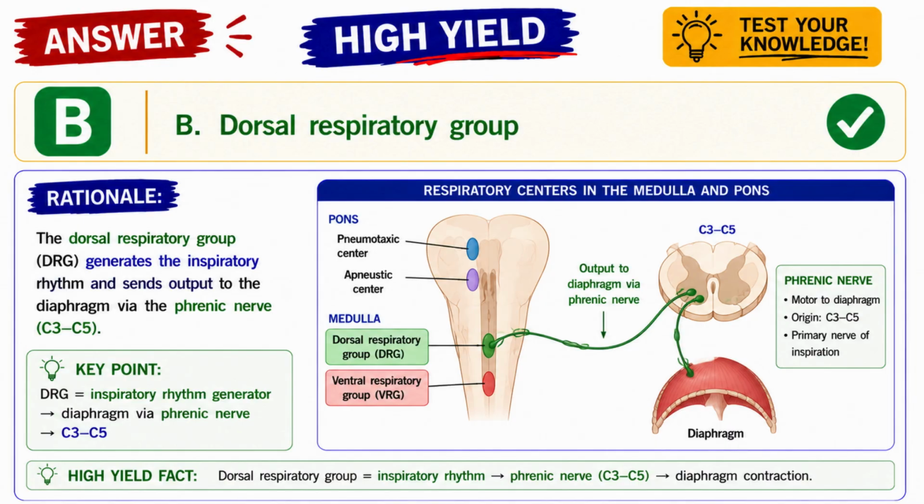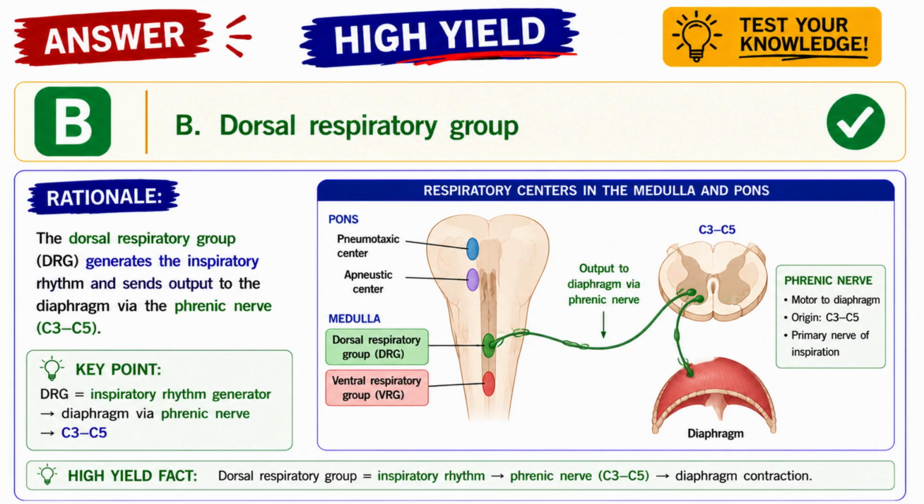Here's why. This question brings everything full circle back to question 1. The dorsal respiratory group, the pacemaker of quiet breathing, not only generates the basic inspiratory rhythm, it also executes it. The DRG sends descending motor output via the spinal cord, ultimately reaching the phrenic nerve, the nerve that innervates the diaphragm.